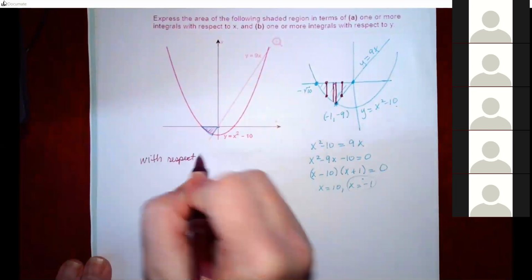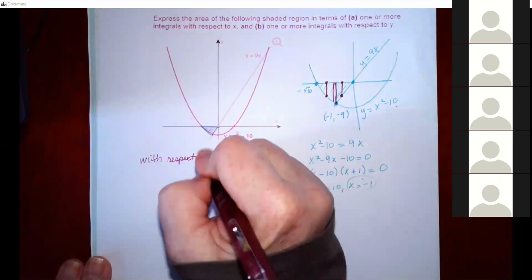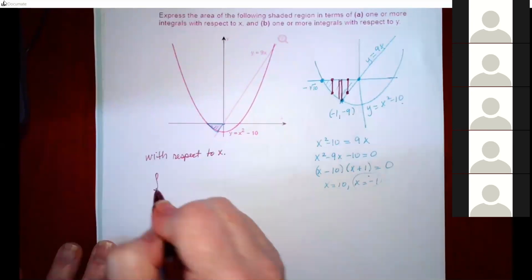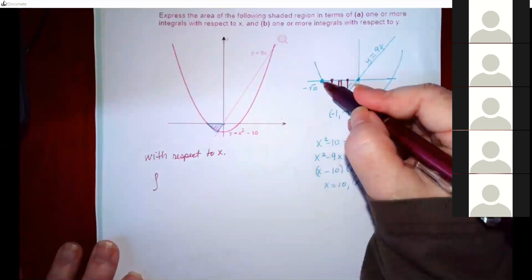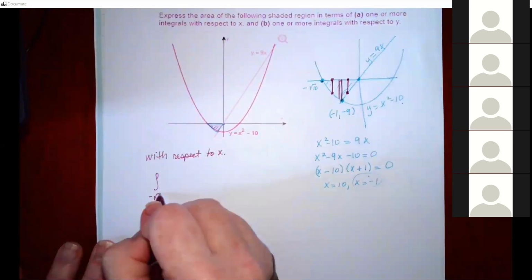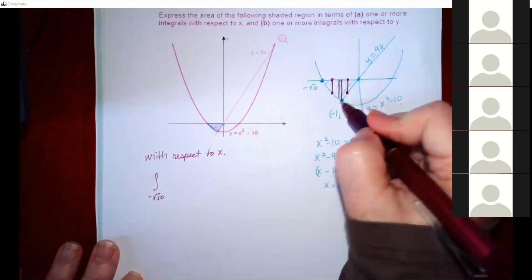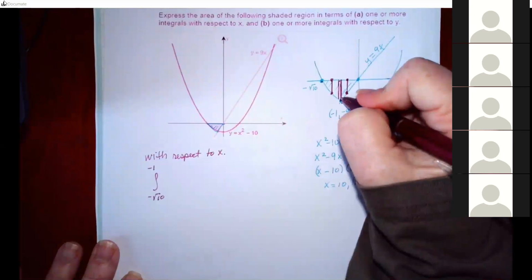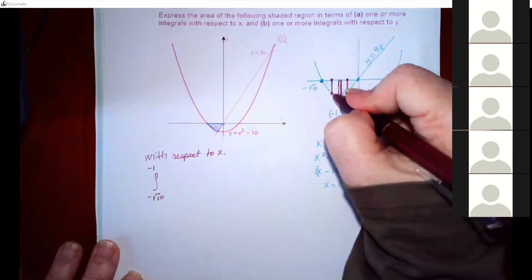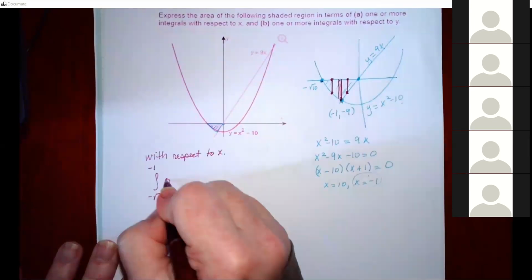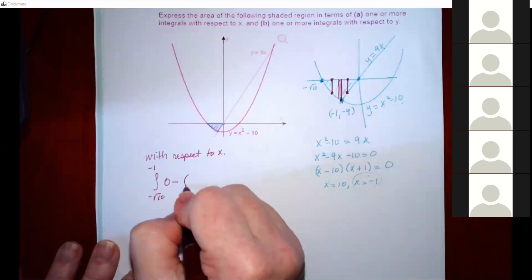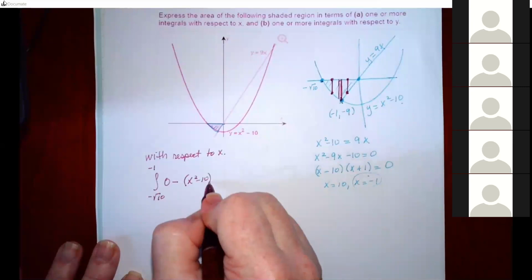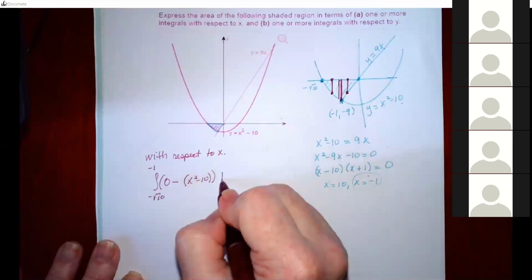So if we're integrating with respect to x, in other words, adding up vertical rectangles, we will have the integral from x equals negative square root of 10 to x equals -1, which is this point. Top graph minus bottom graph would be 0 minus (x squared minus 10) dx.